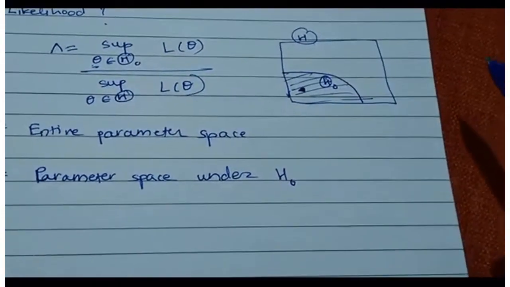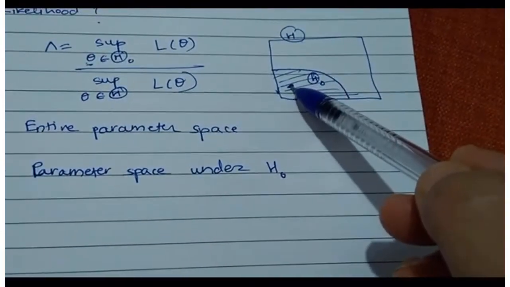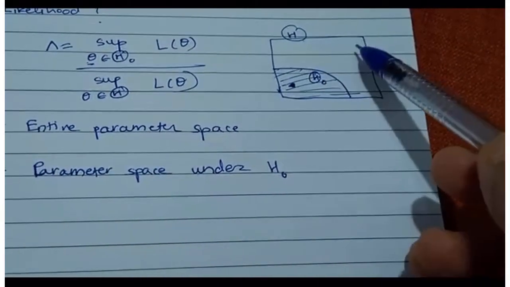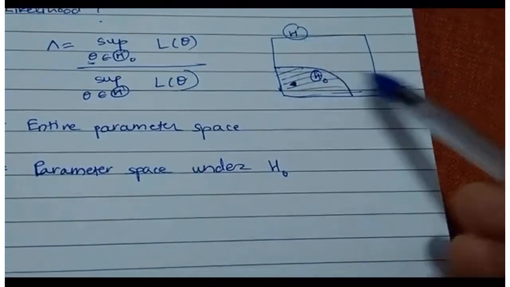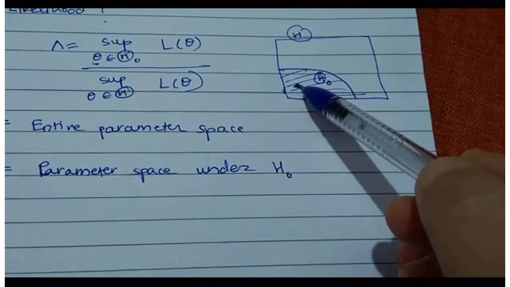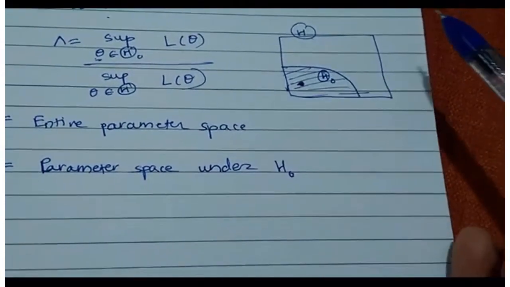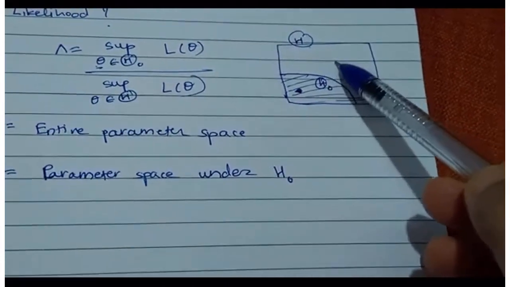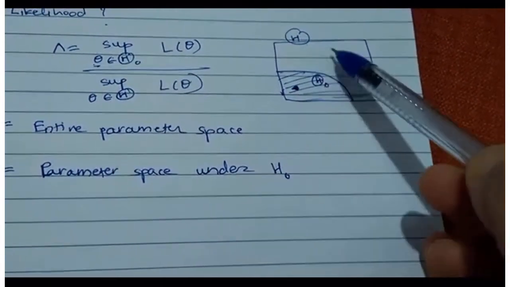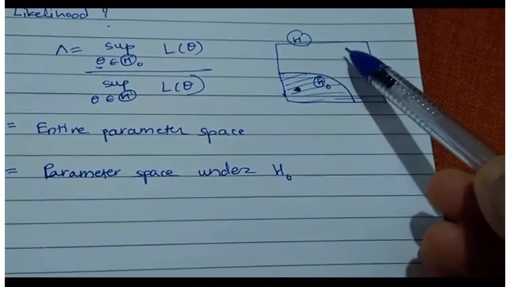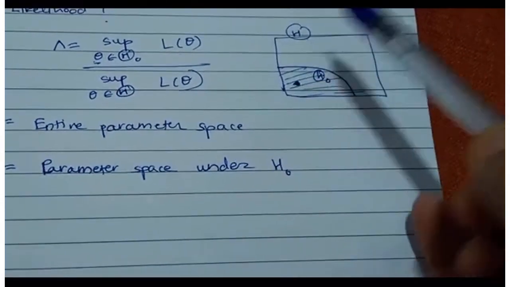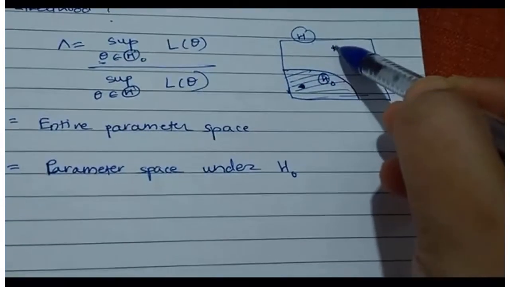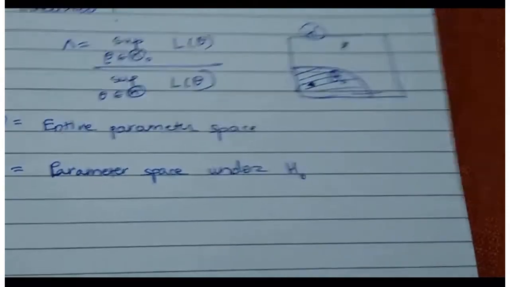There are two possibilities. If this value is highest over all others also, then the supremum over the entire region is also going to be this. But there is a good possibility that some value from this part is higher than this value, so the likelihood value at some point from here is higher than this. In that case, the supremum would lie outside. So maybe this is my supremum.